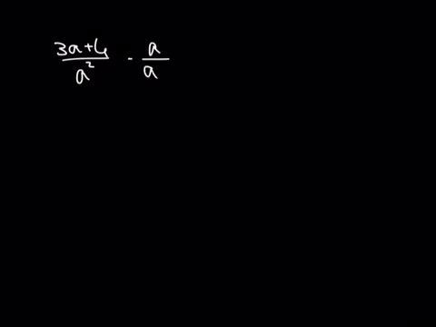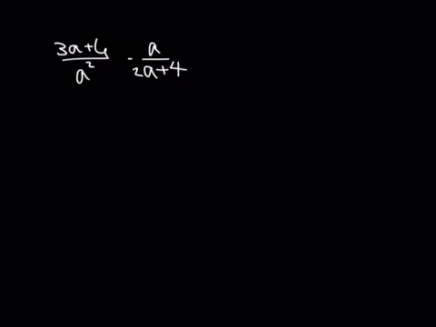And if you look at example 2, we have 3a plus 6 over a squared times a over 2a plus 4. Alright, so what we can do with this is, well, first of all, if I'd write the problem right, that would help. 2a plus 4.